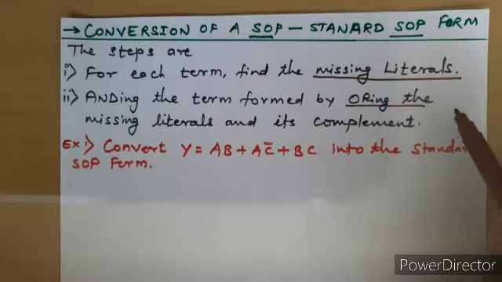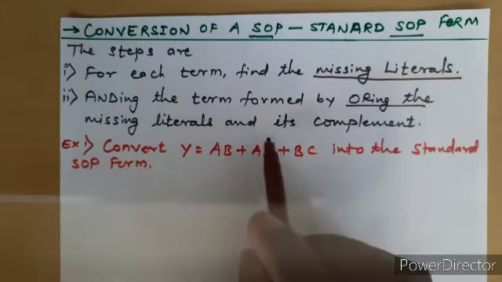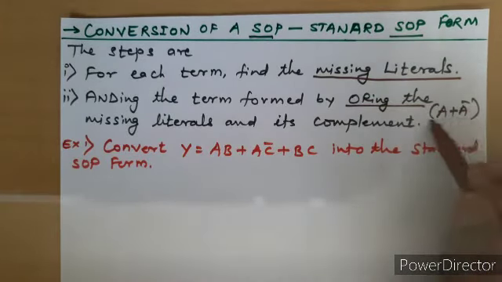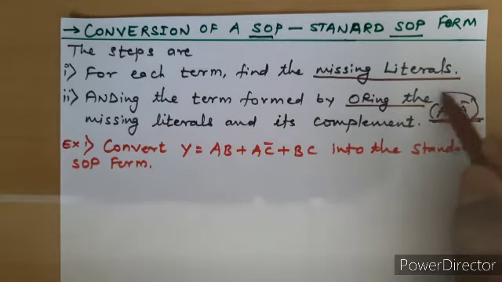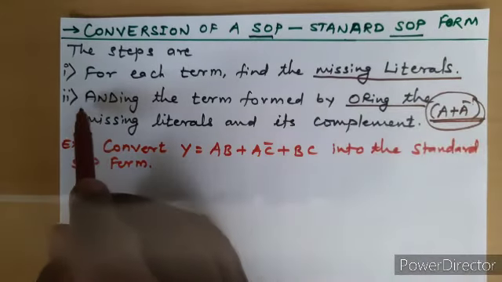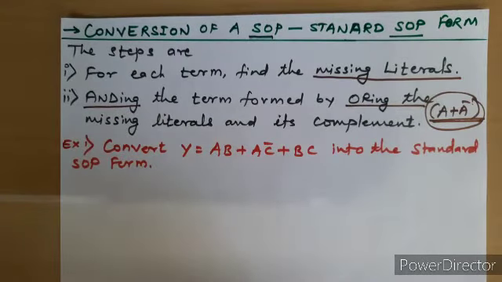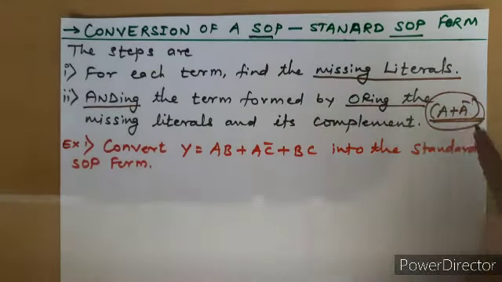Consider if in a given term A is missing. You have to OR the missing literal and its complement, and this term is ANDed with that given term where the literal A is missing.